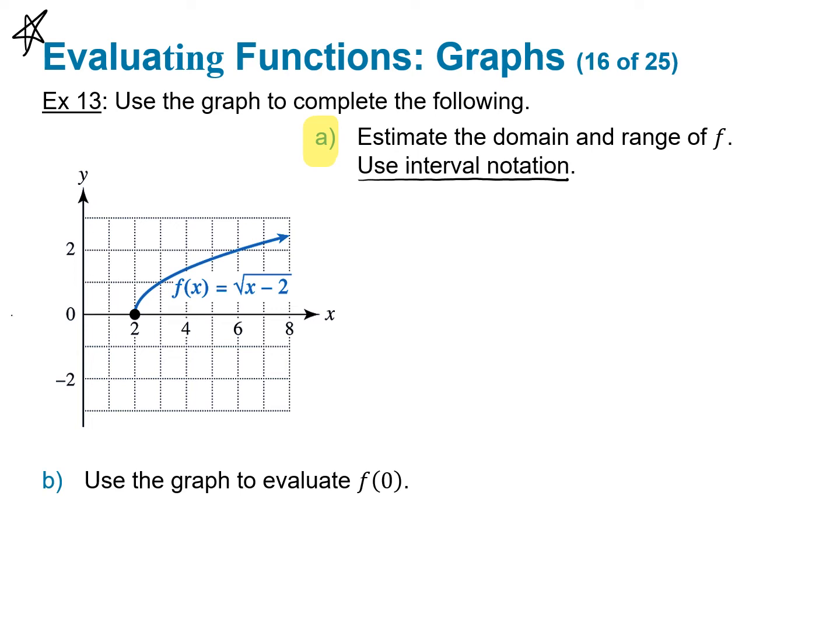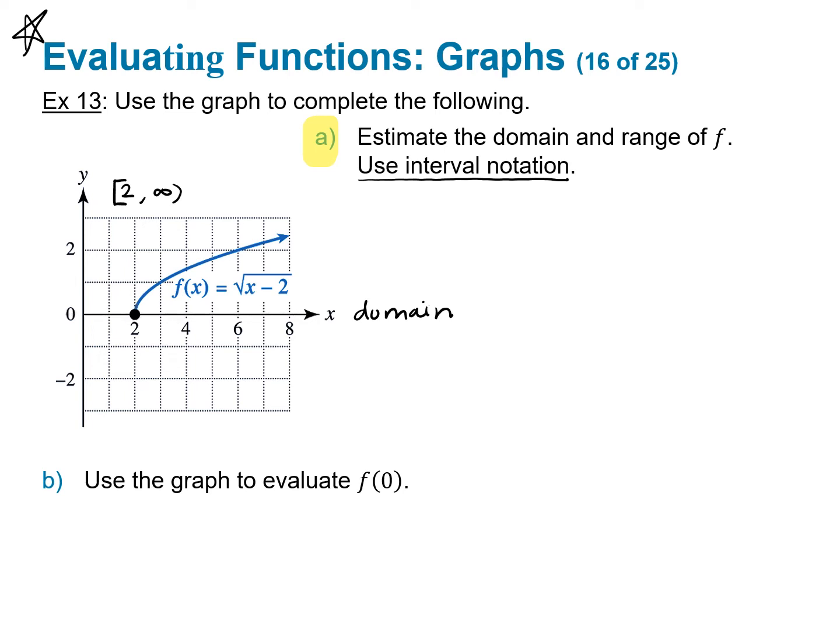So the x-axis represents our domain. So you can see that this graph starts at 2 and there are values forevermore. So I would say my domain is from 2 to infinity, including 2.